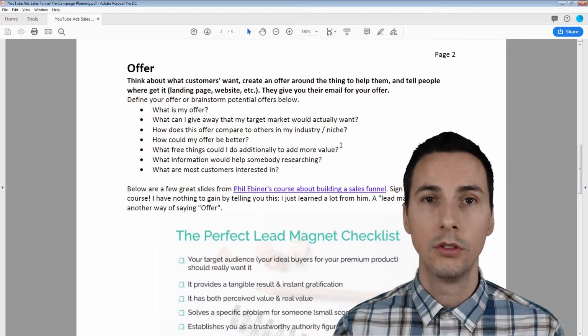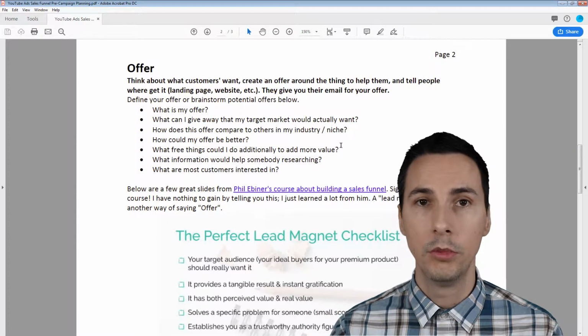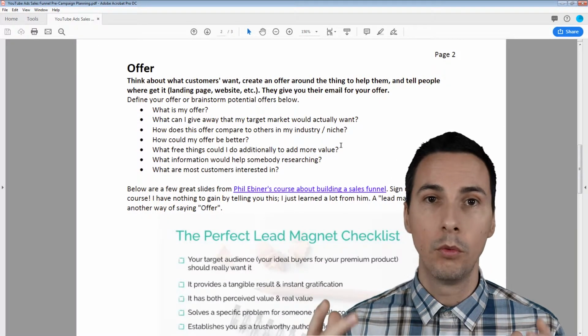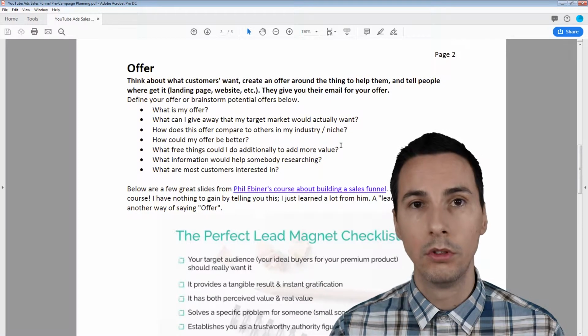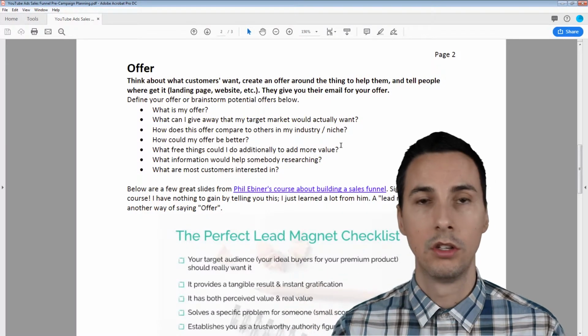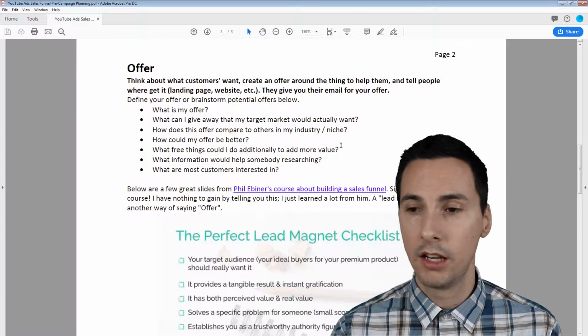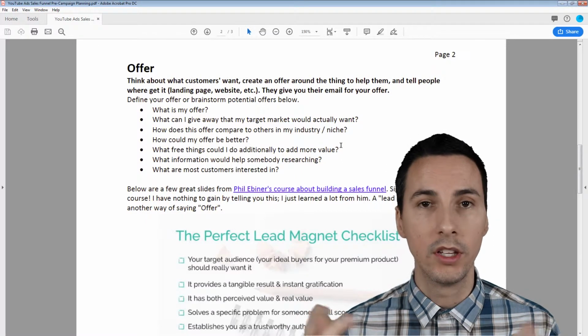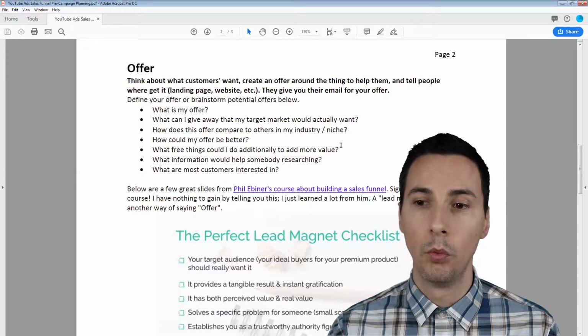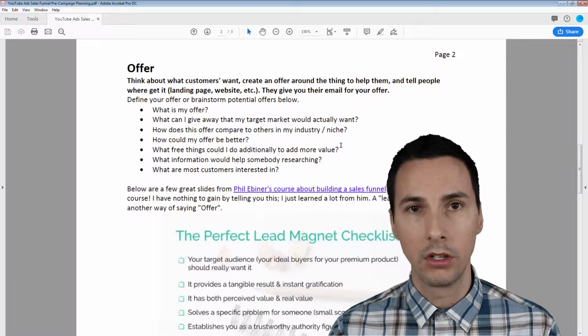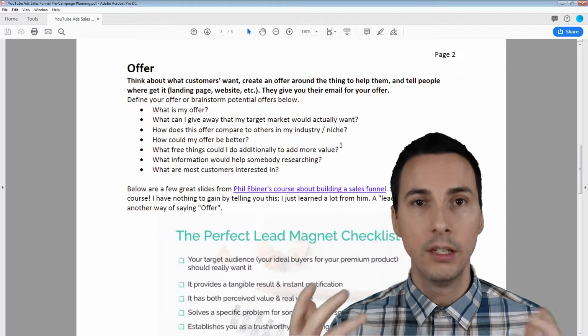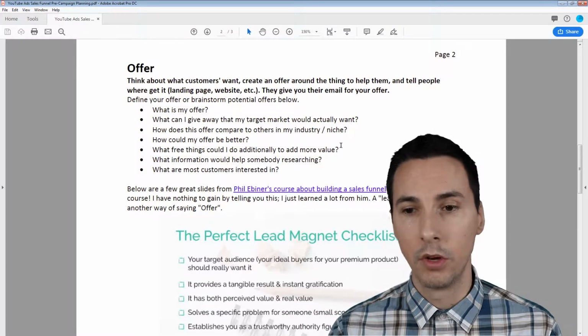If they trust you and they get value from you, then that will make it easier for you when you go and pitch your product, service, channel, brand, whatever it is. So, what is it that you can offer your target market to achieve something? This is where you say, what is my offer?